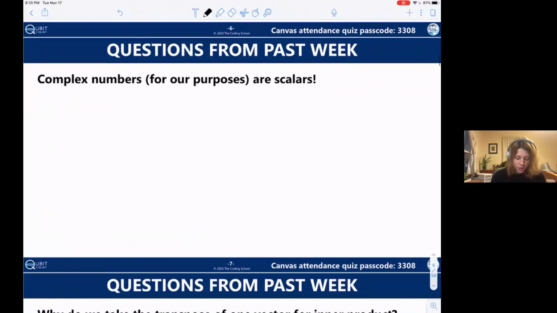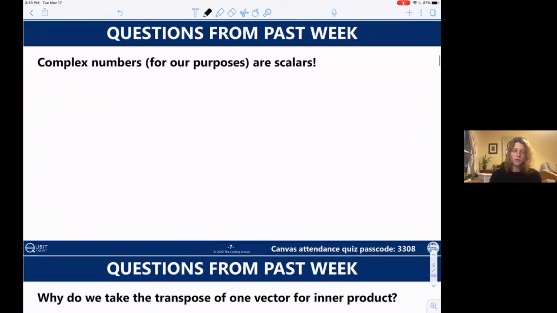So, questions from last week. I'll also open up the chat for any more questions you guys have. The way that we've been told to discuss complex numbers from this point forward is just pretend like it's a scalar. It's not strictly true. You do have your complex plane.